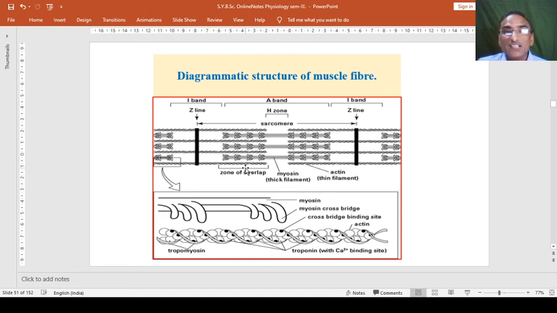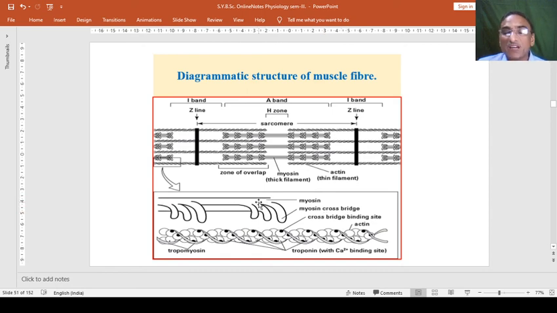If we explore this part of the actin filament, you can see that it has an extension of the protein material, and this extension is nothing but the myosin cross bridge, and this is the myosin filament.